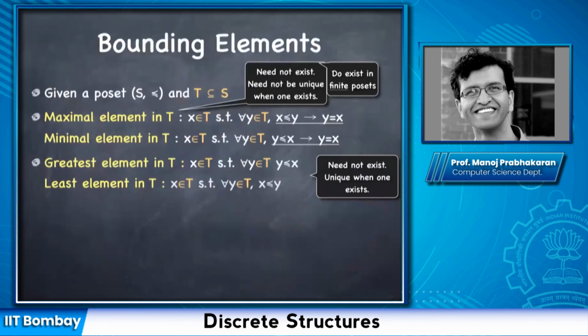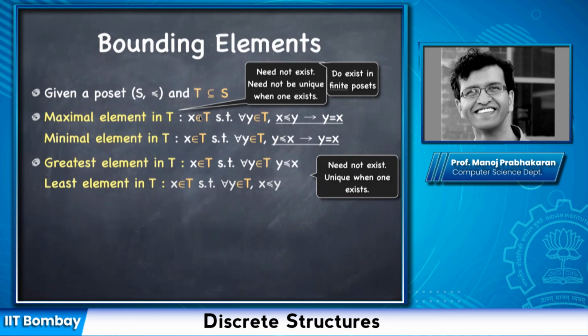Okay, now let me go back to this concept we introduced a little while back of maximal elements and greatest and least elements. But redo that now not for the entire set, but possibly for a subset T. This is actually nothing different. It's exactly what we had earlier.